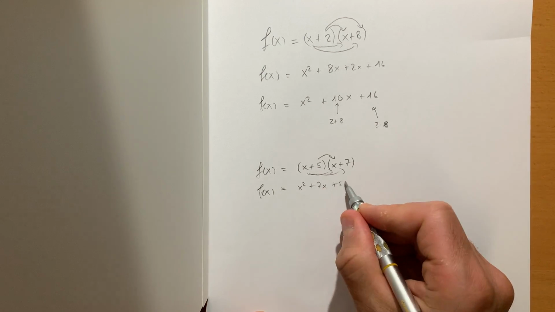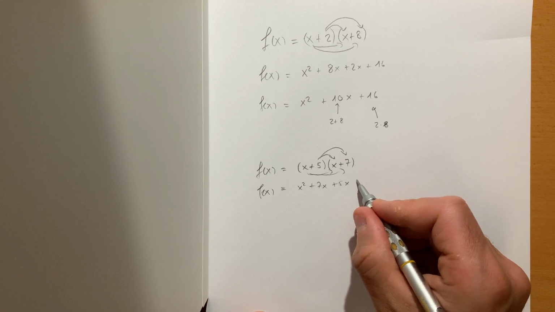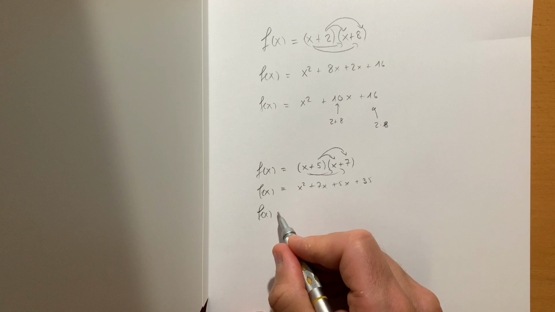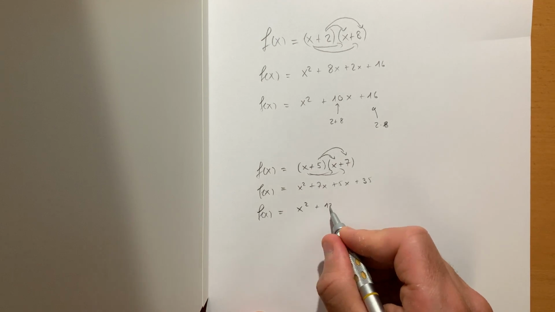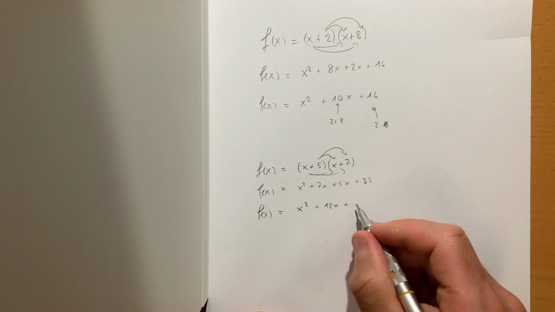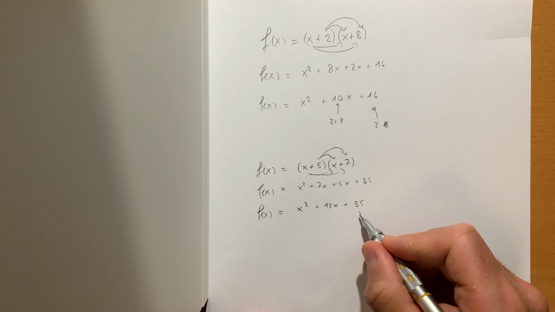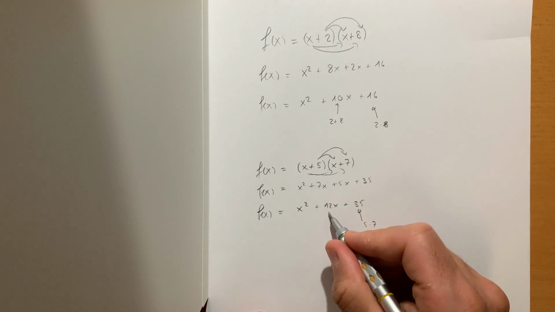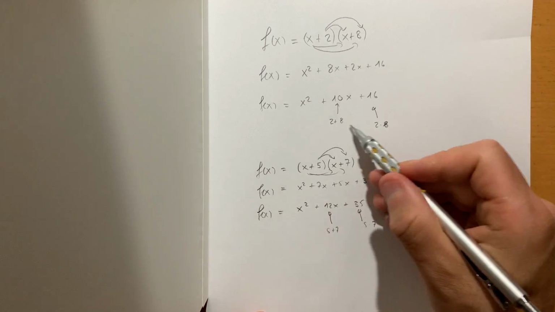This times this plus 5x, and this times this is 35. Now let's simplify this, and x squared plus 12x plus 35. So this is in fact 5 times 7, and this is 5 plus 7. So it seems to work.